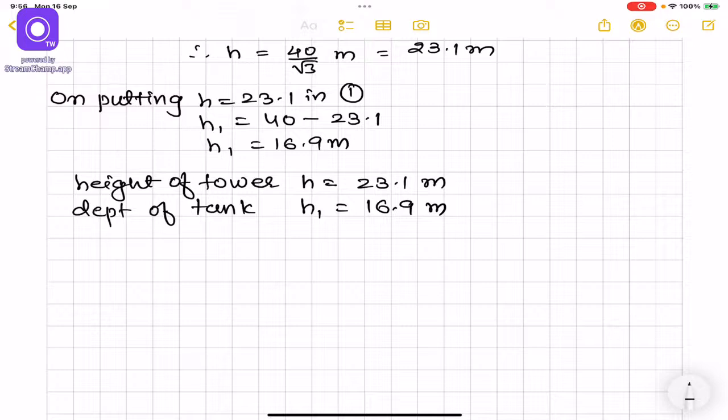Now see, 1 or 2 sums are such which are already asked, which we have already solved. See, one aeroplane sum is asked, so that is similar to the balloon one. There is nothing different in that.